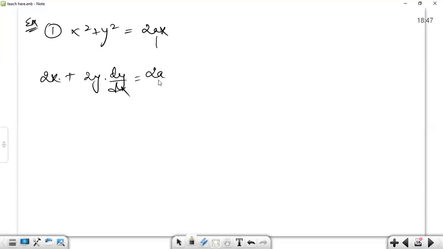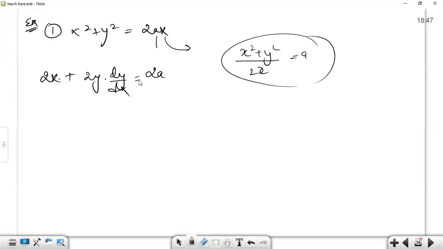So now, solving further, now we have to eliminate this parameter's value. We'll use the given equation, x square plus y square by x into 2, the value of a. We'll use it here, and that will come out as x square plus y square. 2 will cancel 2, so this has become 2x plus 2y into dy by dx.